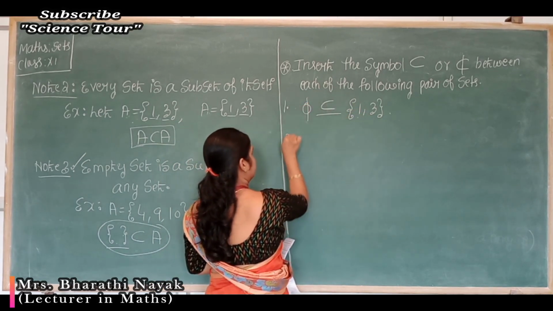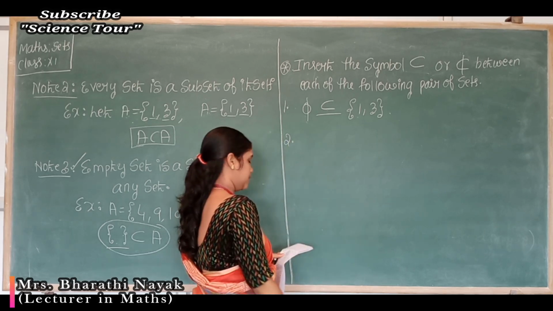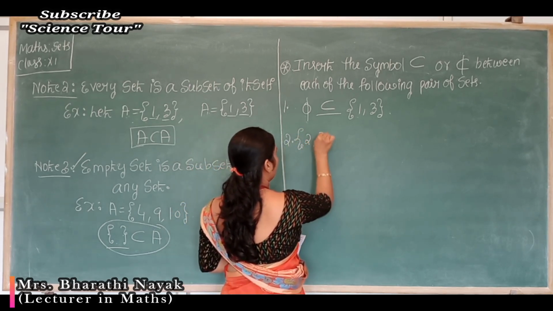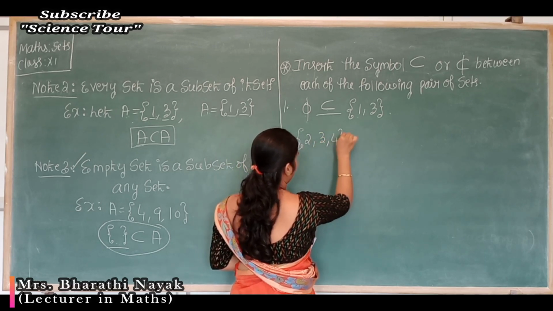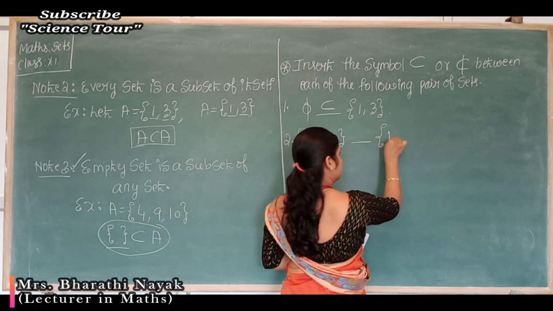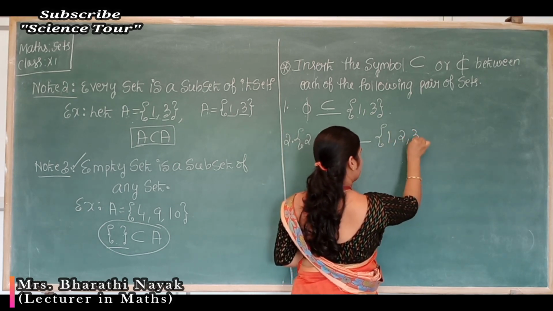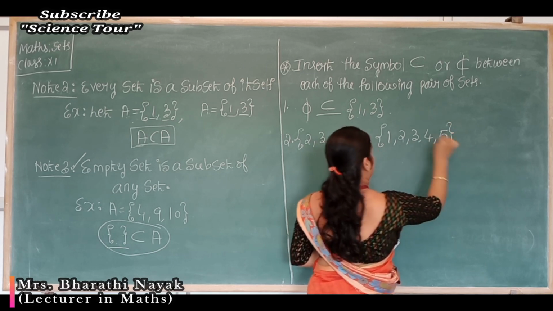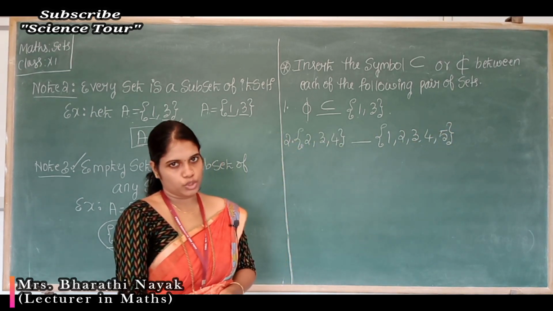Okay, next second question I will consider. Set containing 2, 3, 4 dash set containing 1, 2, 3, 4, 5. Okay, so now which symbol you will use here?